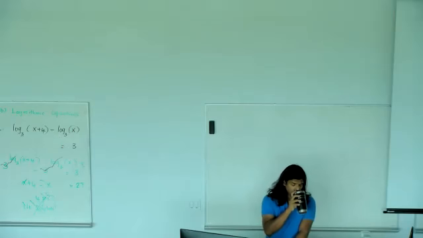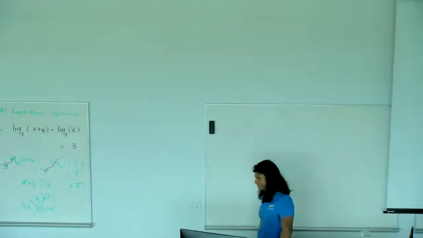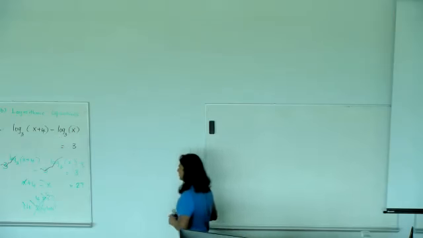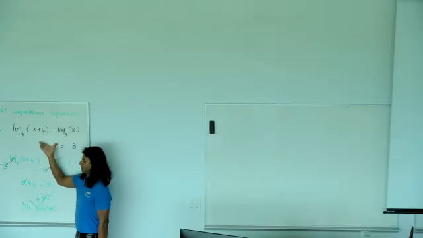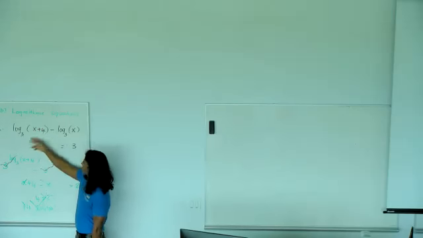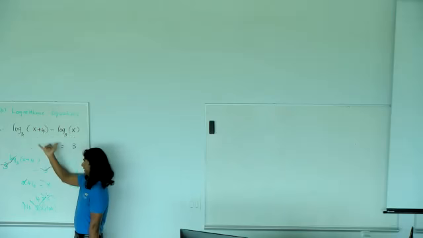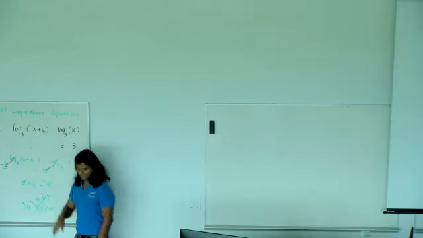What property could we use? The quotient rule. What does it state? Log of u over v goes to log of u minus log of v. Good. So if we use the quotient rule, if that is u and that is v, log base 3 of u divided by v would give you this.